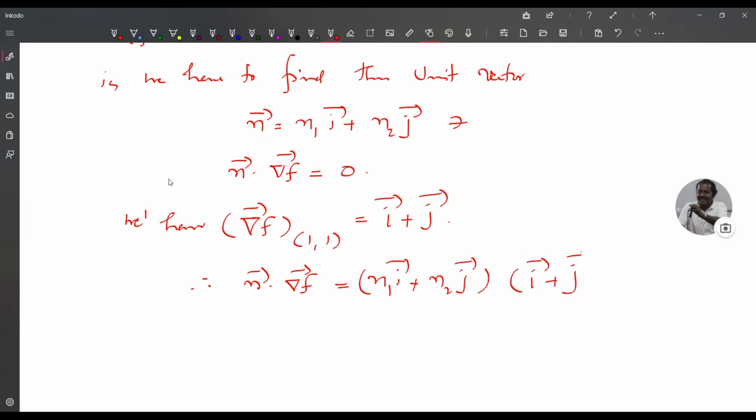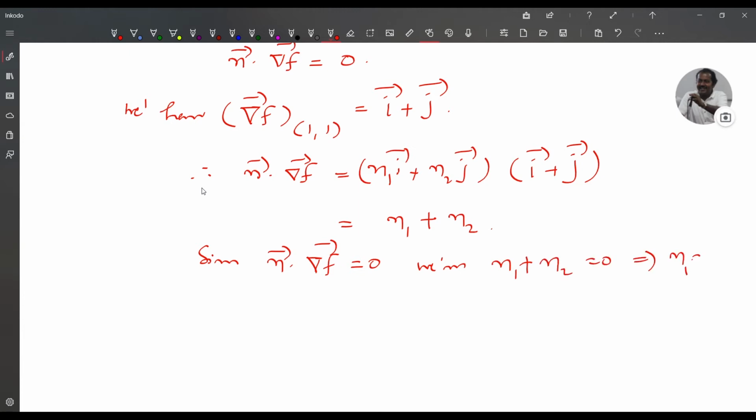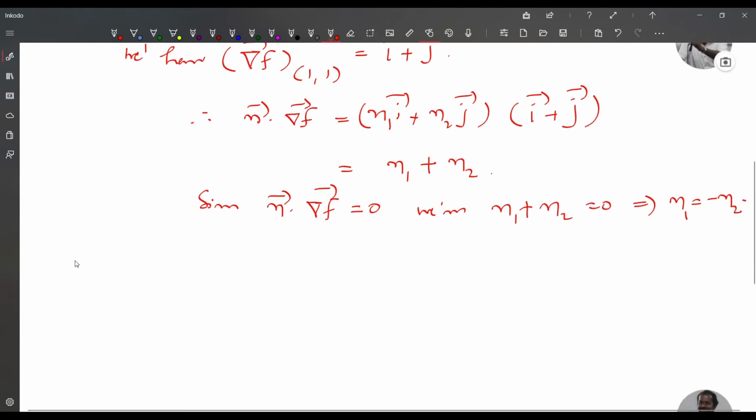So that is equal to n1 plus n2. And since n dot del f equal to 0, we have n1 plus n2 equal to 0. So this implies n1 equal to minus n2. Now we have n is a unit vector.